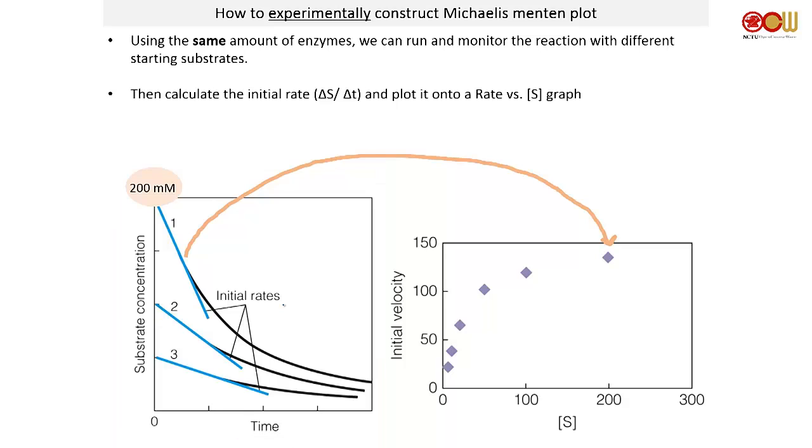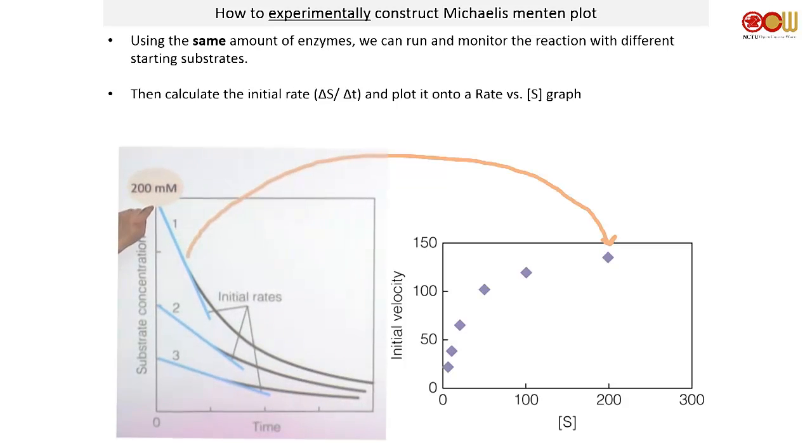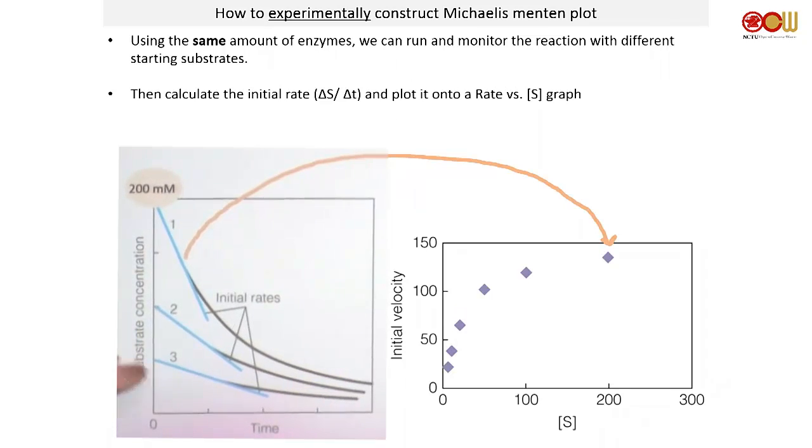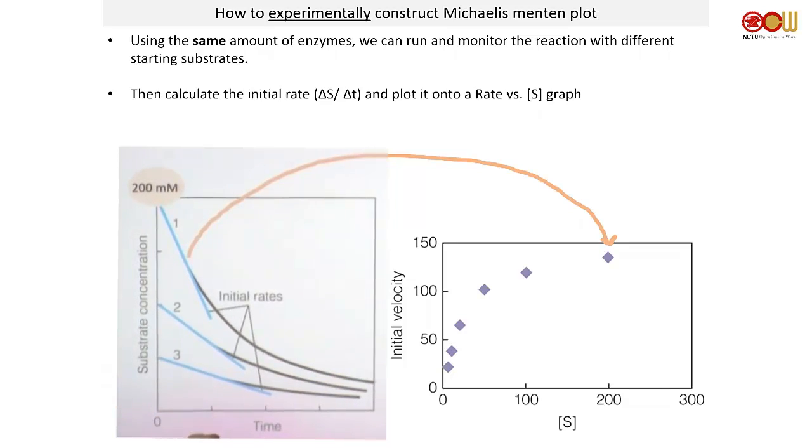Again, we look for the initial rate. Maybe the first 2 or 3 or 5 dots, depending on how linear they are. If it's a linear line, then we're looking for that initial rate. That's going to be the change in substrate concentration over the change in time, so delta S over delta T, that's rate.